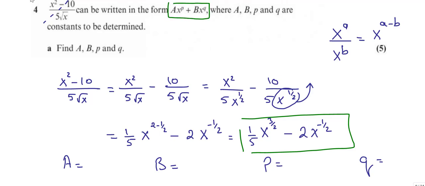Okay. So when you compare both of them, you will see that A is what? 1 over 5. And B is what? Negative 2. And the power P, compare the powers, 3 over 2. And the power Q is what here? Negative half. Simple. Any questions, Hannah?